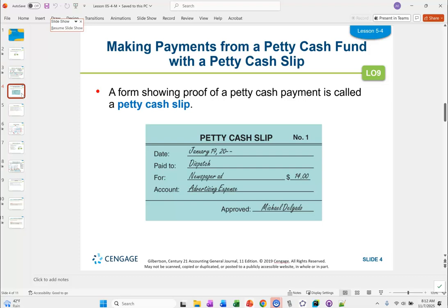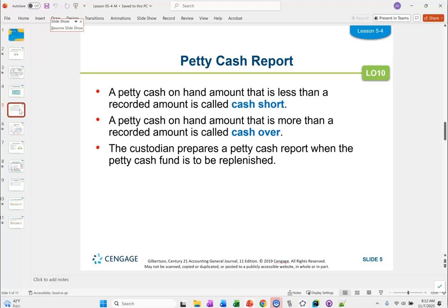This should be billed to the accounting expenses, and the approval is signed by, in this case, our owner-operator, Michael Delgado. You guys feel good about that? Pretty straightforward. The whole point is keeping track of where everything is, so we have a paper trail of where this money went, so that Jan in the secretary office isn't pulling money from petty cash to get her nails done. Not that somebody would do that.